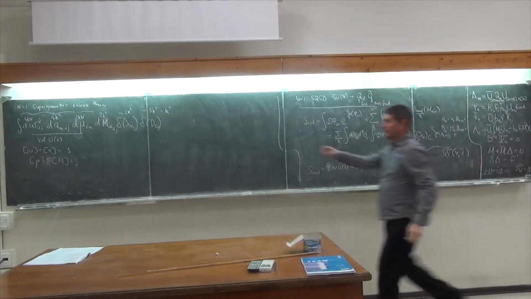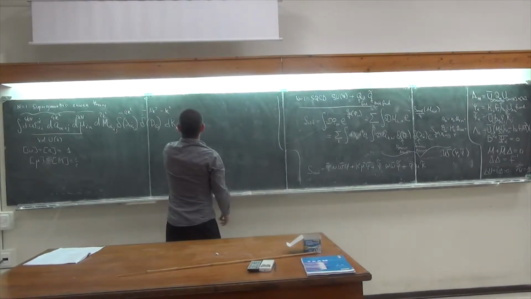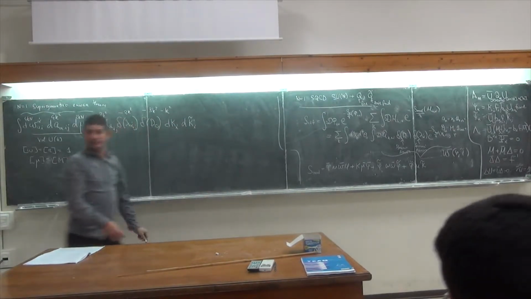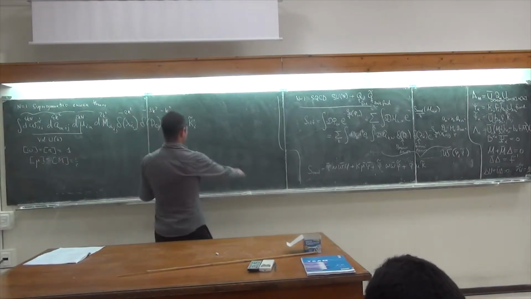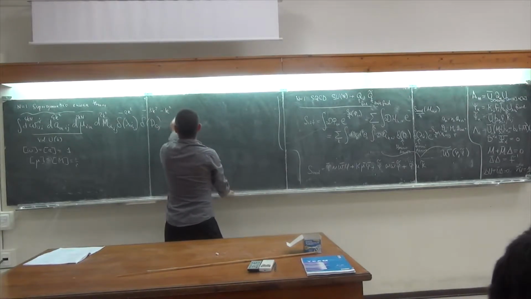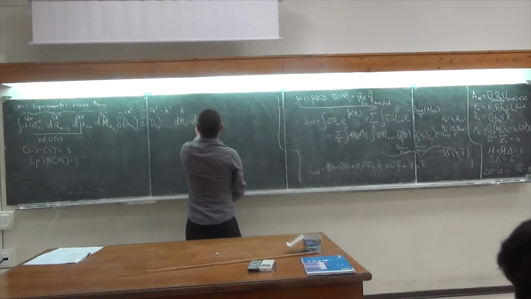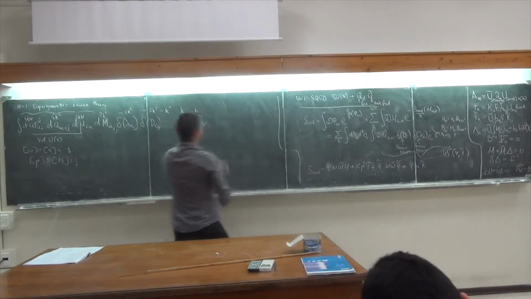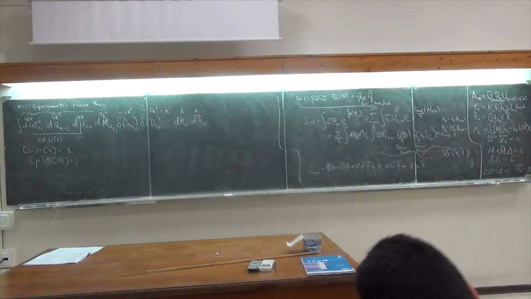We have also Ki, and they are K, Pki and K and B, Ki. I'm just writing the number of degrees of freedom.